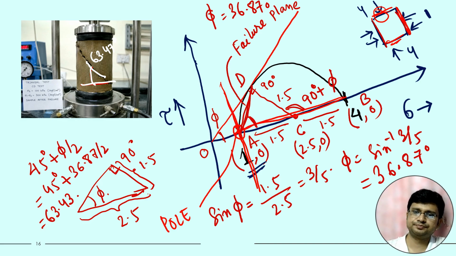This is the pole. If we connect these two lines, this will be the failure plane. So this is the concept. If we construct the Mohr circle, then from the Mohr circle we will get every value. And for failure condition, this will be our stress.